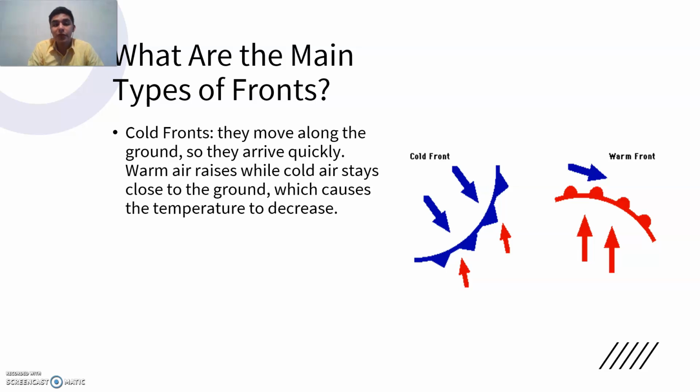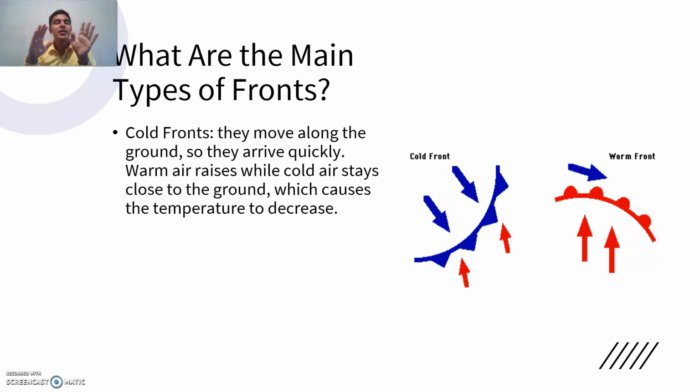First of all, we have a cold front, and they move along the ground, so they arrive very quickly. Warm air rises while cold air stays close to the ground, which causes the temperature to decrease. Let's suppose that we have one section of cold air and one section with warm air.